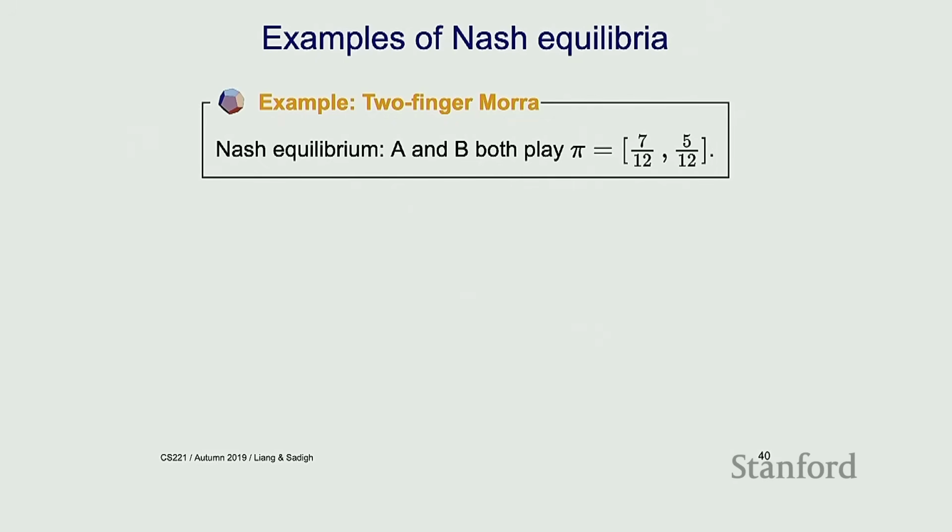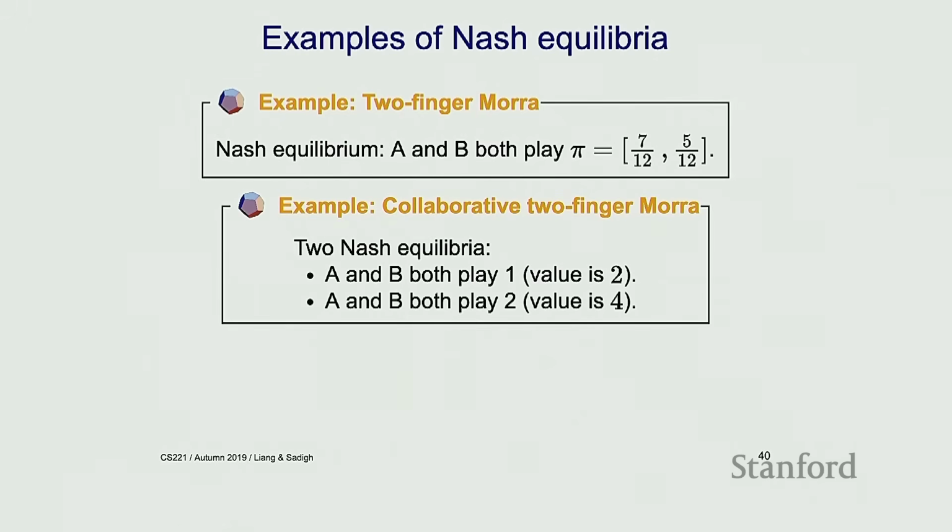All right, so let's look at a few other examples. Two-finger Mora. What would be the Nash equilibrium for that? We actually just solved that using von Neumann's minimax theorem, right? So it would be if you're playing a mixed strategy of 7/12 and 5/12. You might modify your two-finger Mora game and make it collaborative.